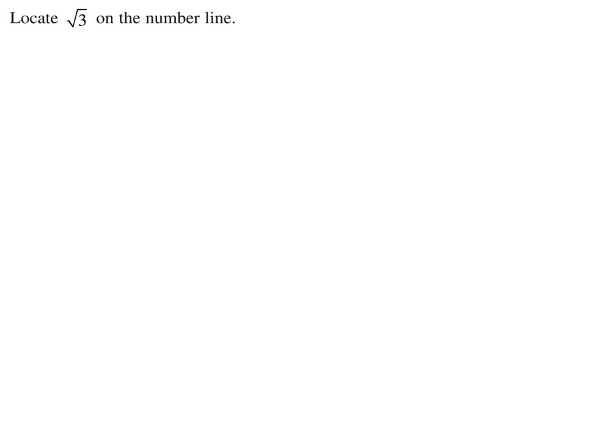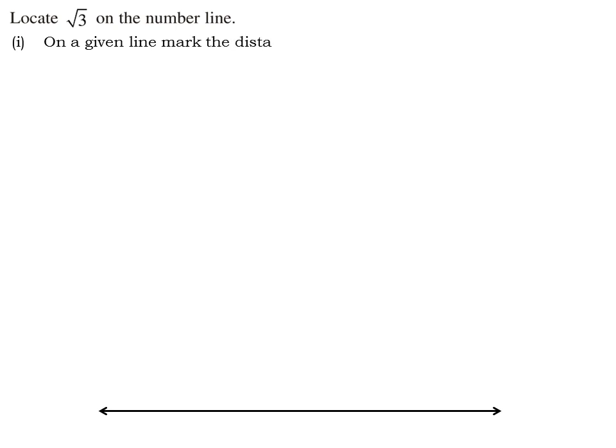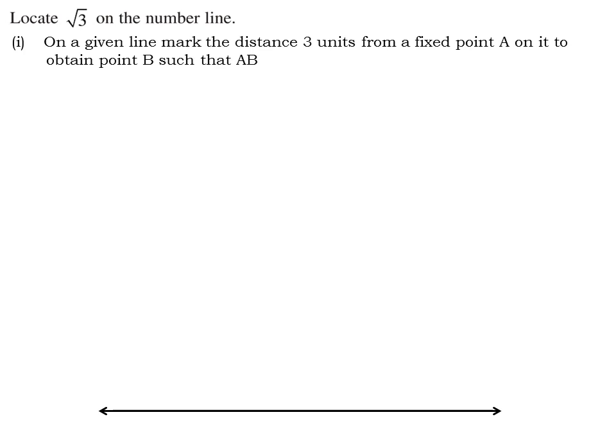First of all we require a number line, so I am drawing a number line. Now what do we have to do? Step number 1. On a given line, mark a distance of 3 units from a fixed point A on it to obtain point B such that AB equals 3 units.